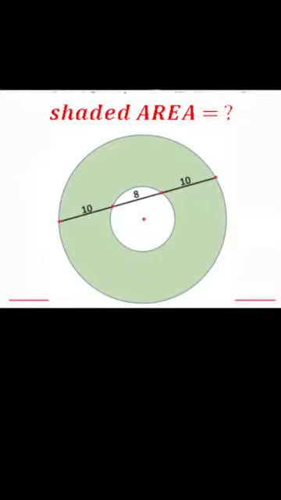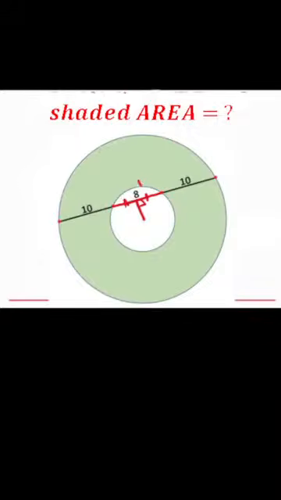See guys, what is happening here? This is nothing but a chord of the circle. Let's focus on this portion first for the smaller circle. If I draw a perpendicular on a chord, that perpendicular is going to bisect the chord. This is a theorem, right? So if it is 8, this is going to be 4 for each.